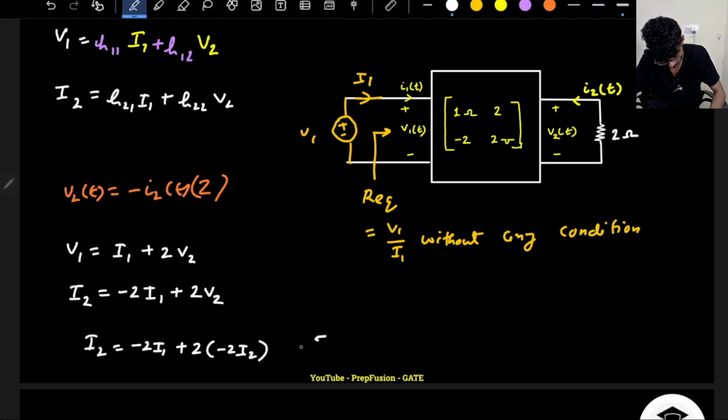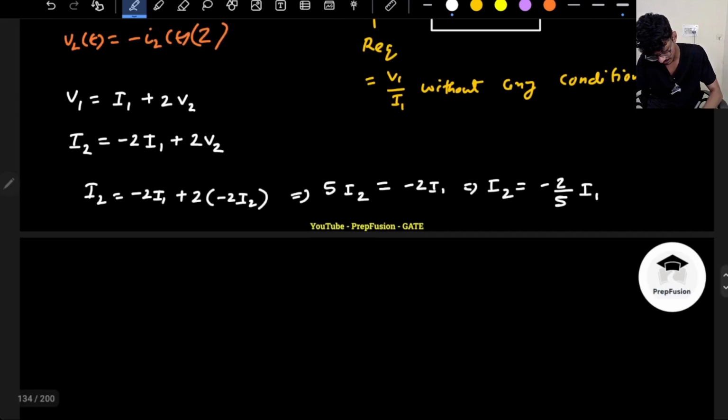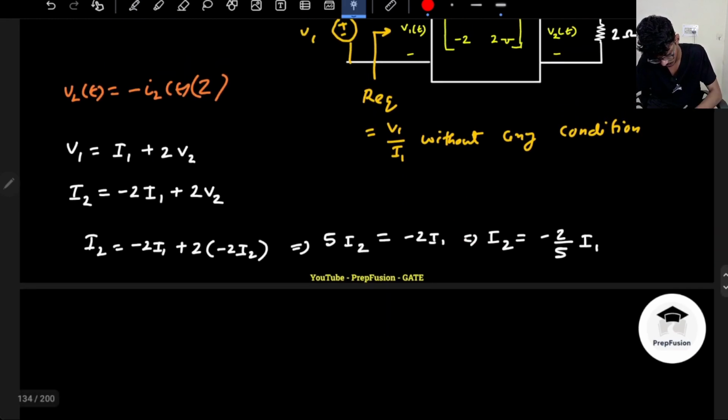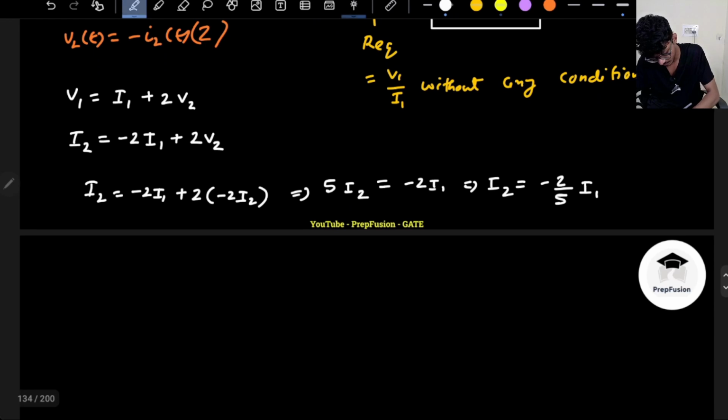So it will be 5 I2 equals minus 2 I1, or I2 equals minus 2 by 5 I1. I2 I have got. Now I can replace the V2, right? So V2 equals minus 2 I2. So V2 equals 4 by 5 I1, because it is equal to minus 2 I2.